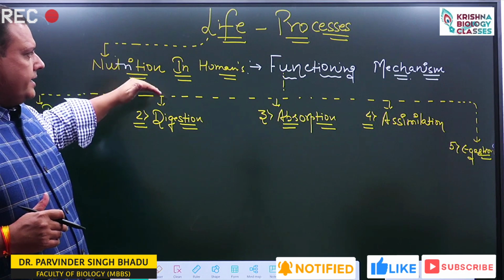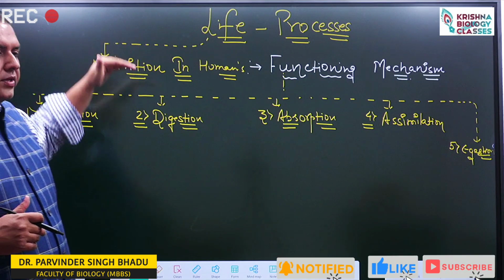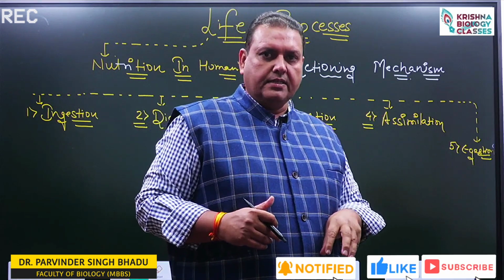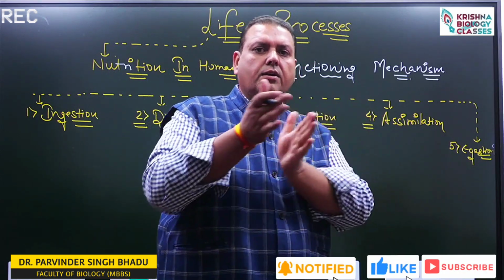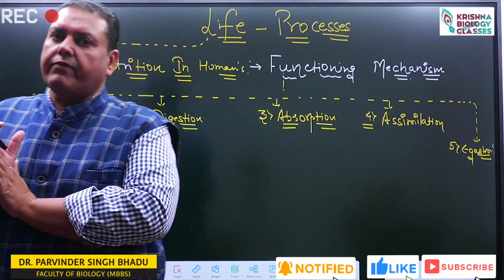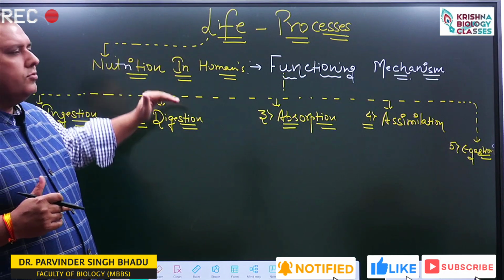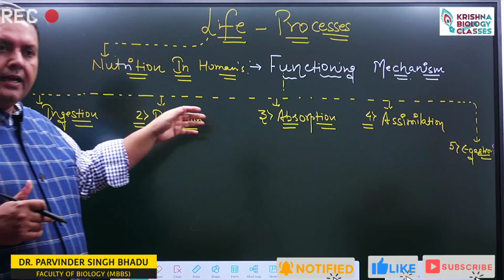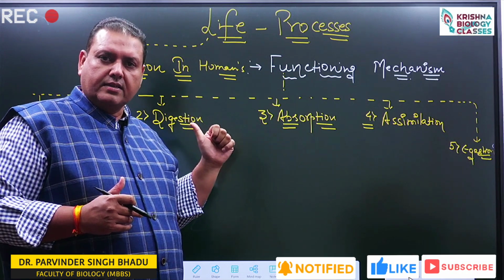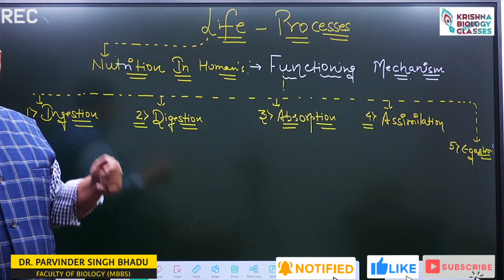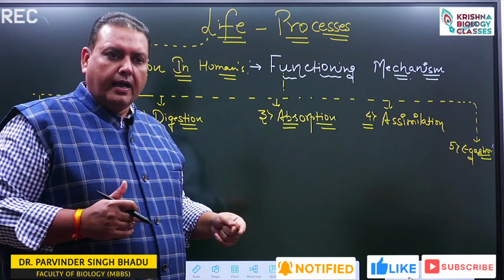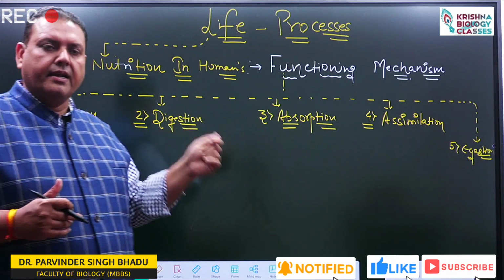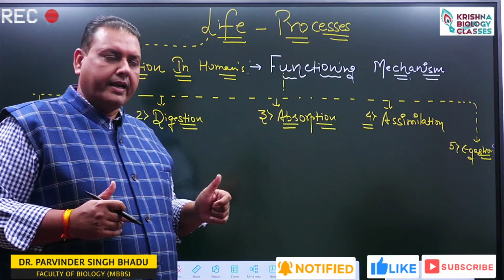To understand the mechanism of the process of nutrition, we say that this nutrition is achieved with the help of the digestive system. So we need to understand the structure of the digestive system as well as the functioning mechanism. In structure, it is broadly divided into two parts, alimentary canal and digestive glands. In the previous class we discussed the structure of the alimentary canal: buccal cavity, esophagus, stomach, intestine, and the various digestive glands: salivary glands, gastric glands, liver, pancreas, and intestinal glands.